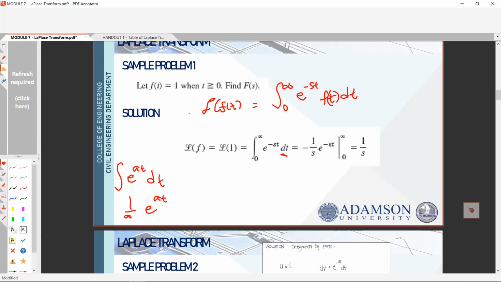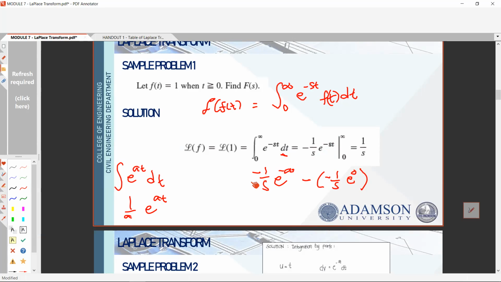So negative 1 over s e raised to constant times infinity is another infinity, minus negative 1 over s e raised to negative s times 0, which is 0. Any number multiplied by 0 is 0.